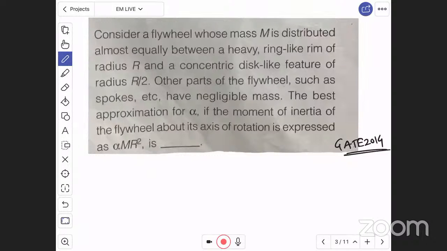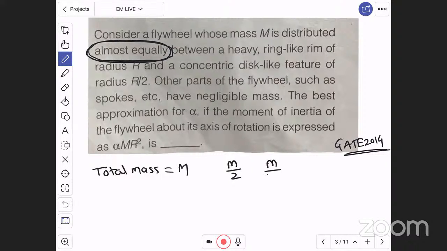Now the question is: consider a flywheel whose total mass is capital M, distributed almost equally. That means total M is divided into M by 2 and M by 2. If M is divided into equal parts, each will be M by 2.